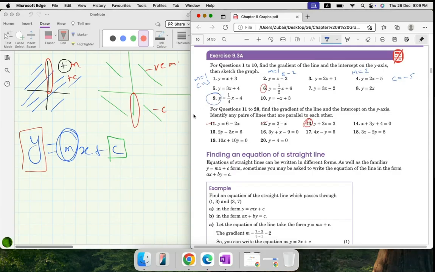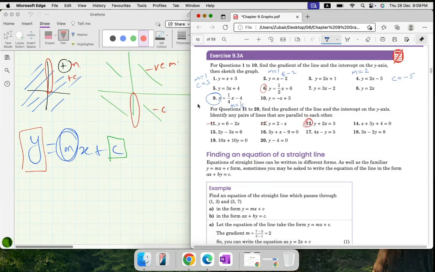Ali, try number 9. What is the gradient of the ninth equation? It's 1 by 4.